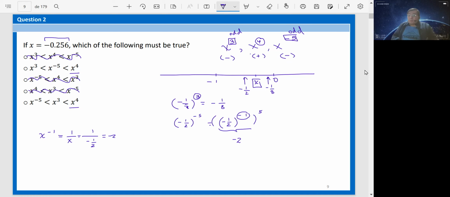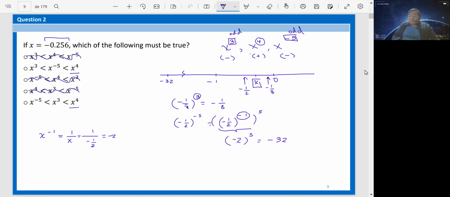So now the original expression negative 1/2 to the negative 5 is the same as negative 2 to the 5. If we do this, then we realize that the result is 32 with a negative sign. Negative 32 is very far from negative 1 to the left.